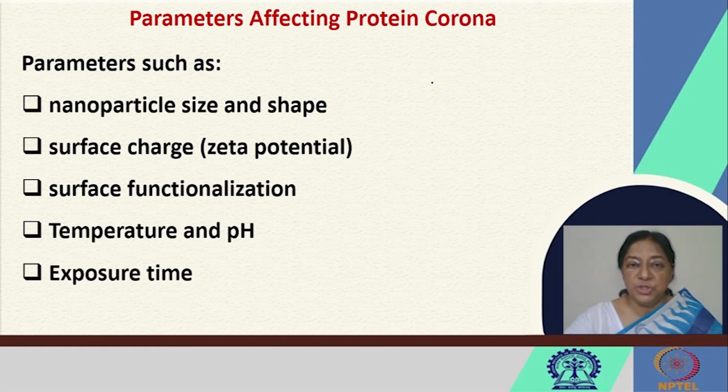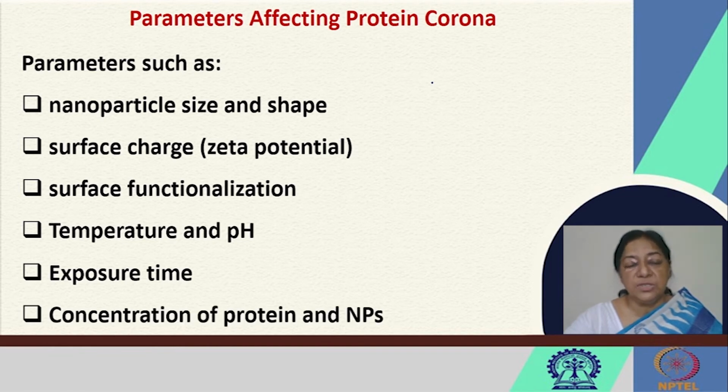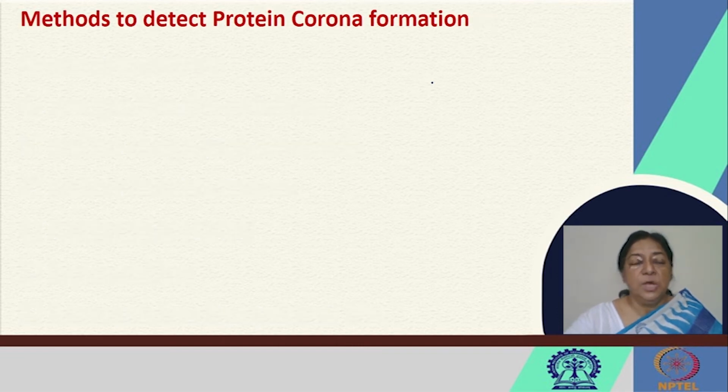Then the exposure time, meaning how long the protein has been allowed to interact with the specific nanoparticle, and of course the concentration of the protein and the nanoparticles. So all of these factors are going to affect the formation of the protein corona, that is the proteins on the nanoparticle surface.